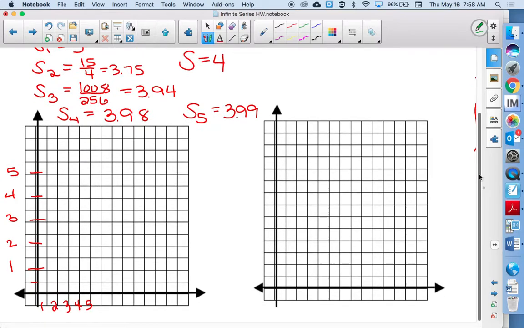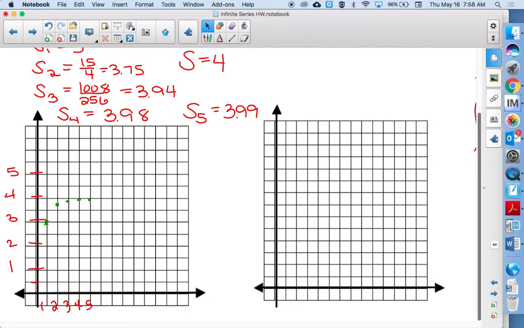So the first one was 3, and then we have 3.75. And those last points are just getting closer and closer to 4. Does anyone have questions on infinite series?